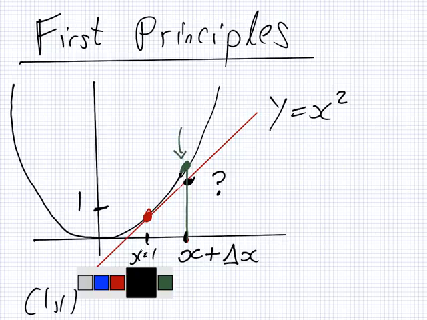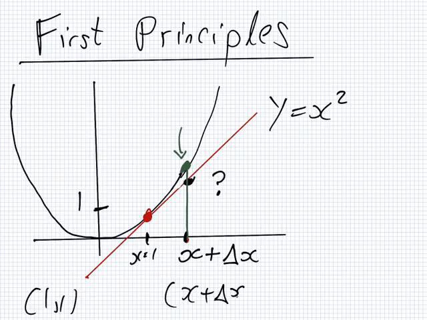So, for example, on the second point, if we have x plus delta x, what would the y be? Actually, in this case, I know what this x is. It's 1. So if this is 1, then its neighbour would be 1 plus delta x. And the y value? 1 plus delta x squared.